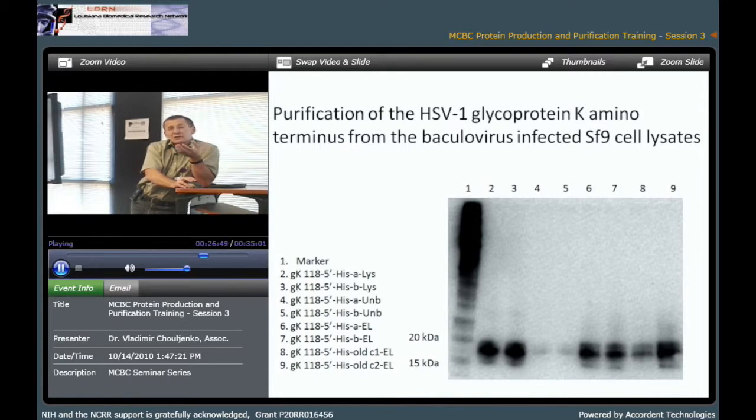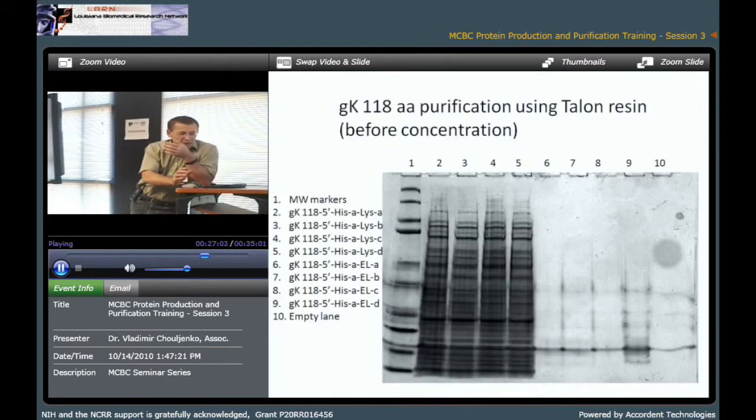And lane 6 and 7, it's protein after elution. So it looked like we found some suitable condition for protein purification, but again, at this point, it's still Western blot. It does not mean much until you go for actual protein purification by using Coomassie blue staining.